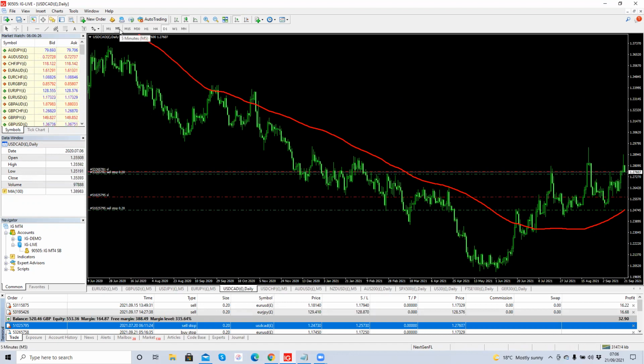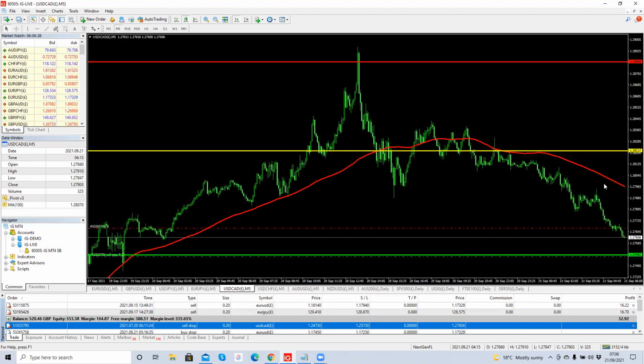And just go to the 5-minute time frame for day trading. So you can see the market is currently trending down. So I now have a pending sell order just below S1. And since it's trending down and the moving average is also below the pivot point, I will now place a pending buy order just above the pivot.